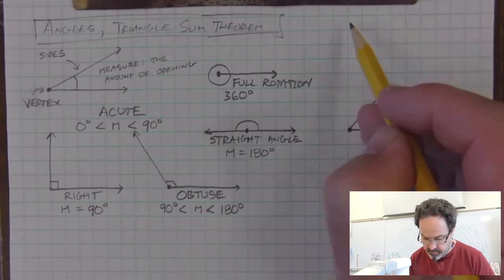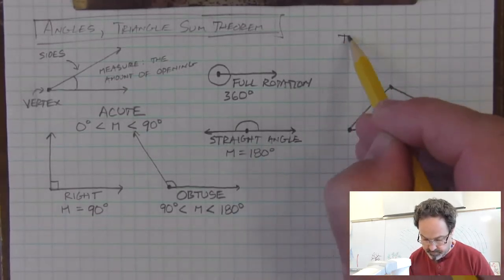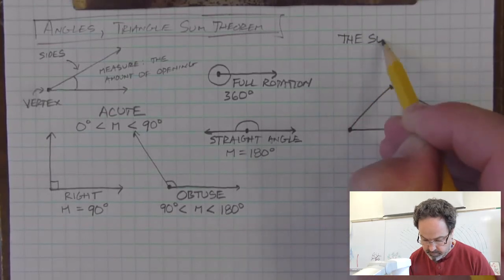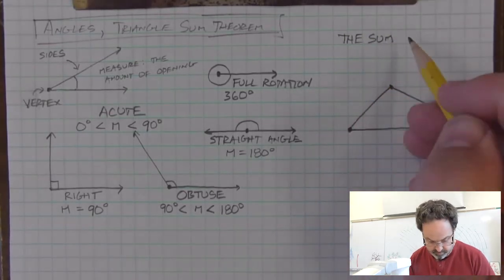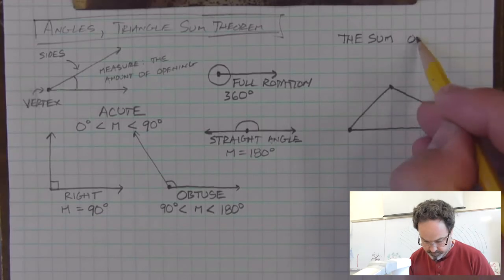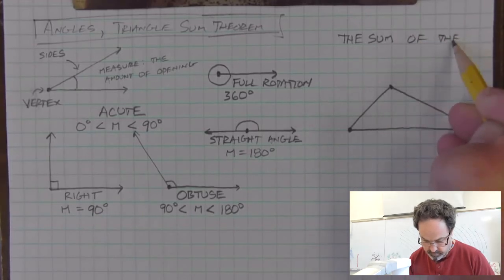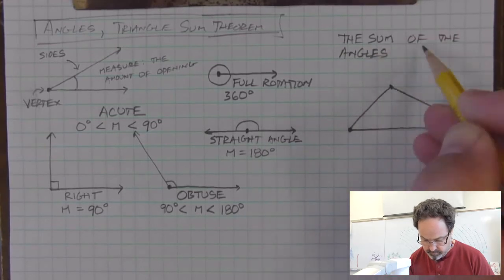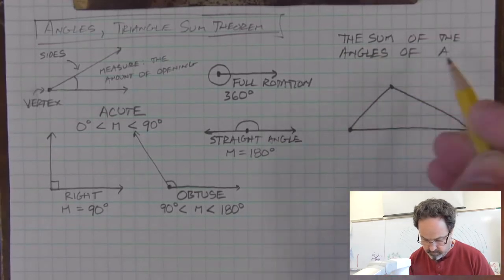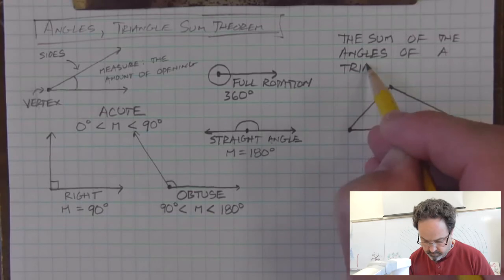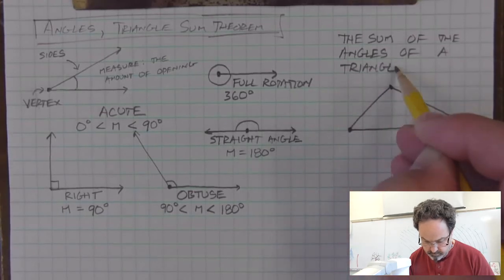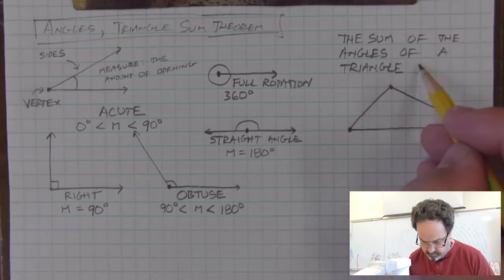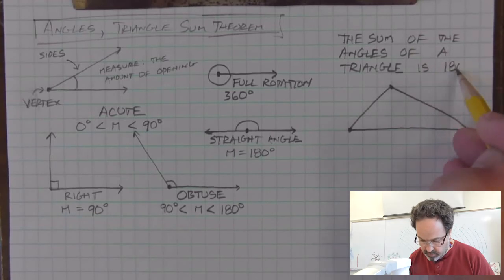And the triangle sum theorem states this: the sum of the angles of a triangle is 180 degrees.